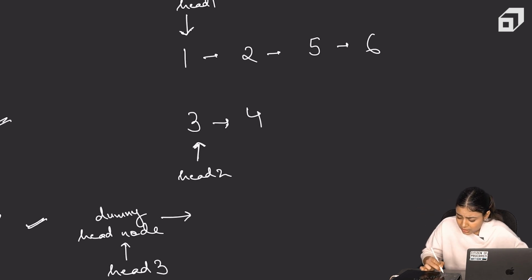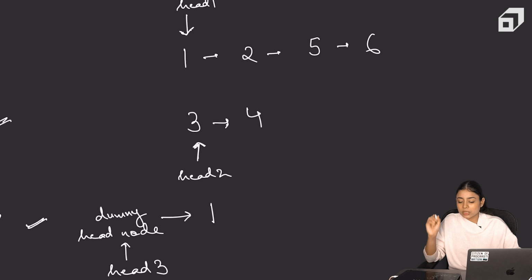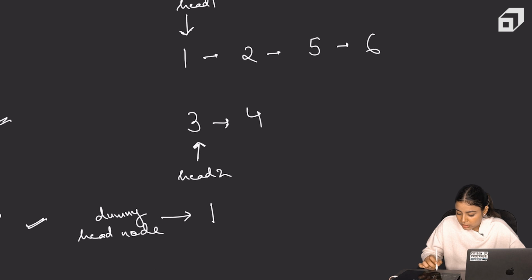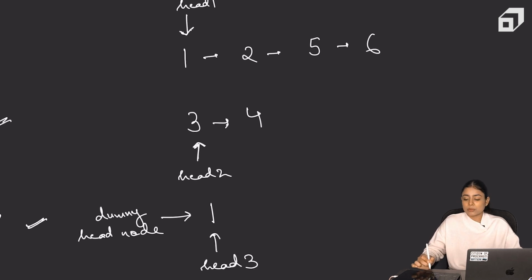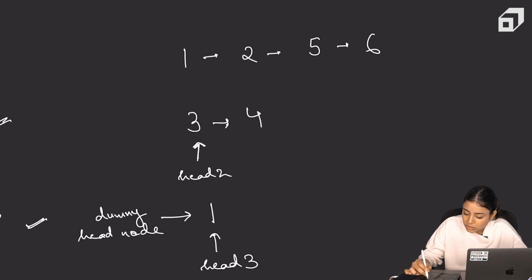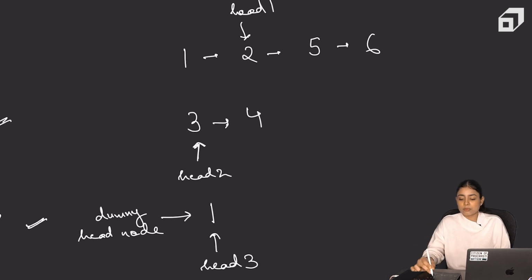So head 3 will make it point to 1, because we've established that that is the smallest number, so it should come in the front of our combined linked list. Now I'll move the head 3 pointer forward, and also move the head 1 pointer ahead, because I've already covered this number.